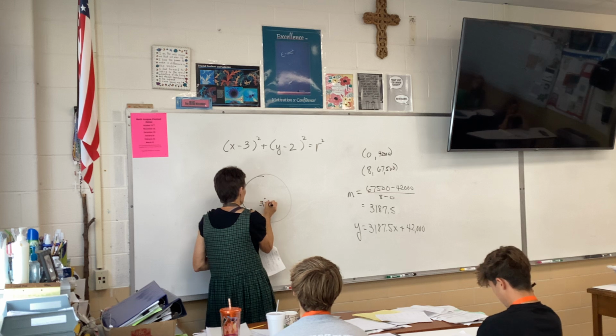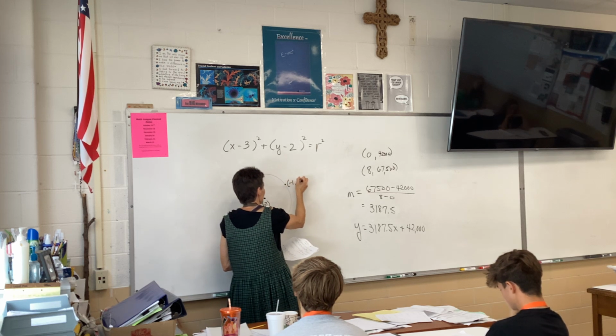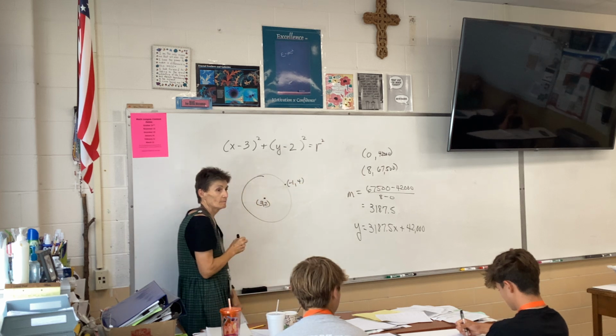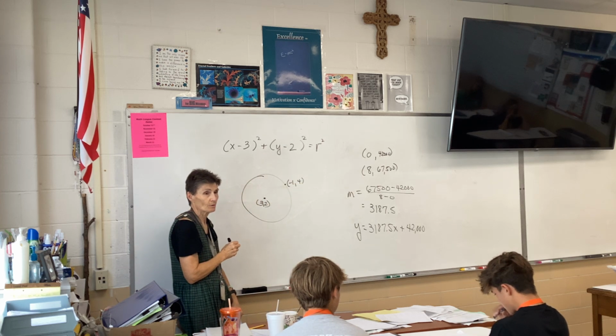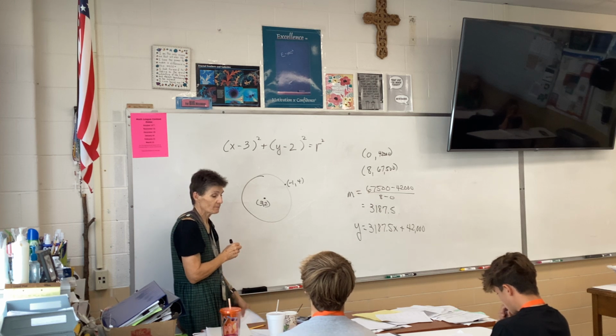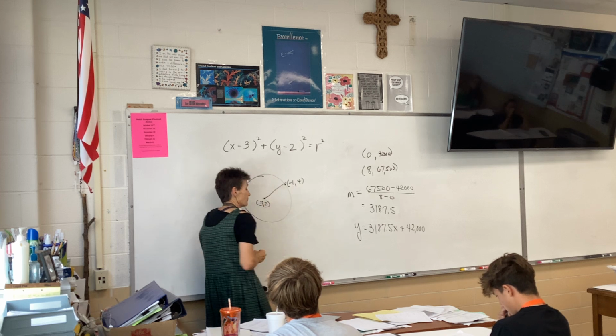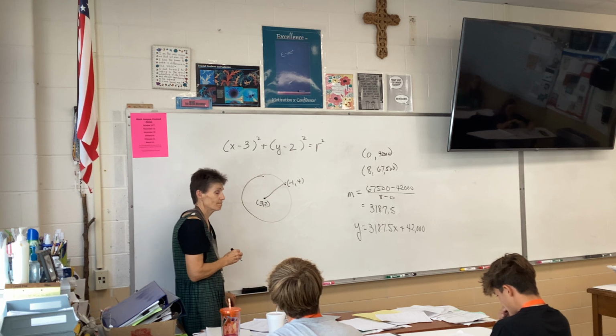So here's the center. And then the circle contains the point -1, 4. That means it's on the circle. So how am I gonna find my radius? It's just gonna be the distance, right?